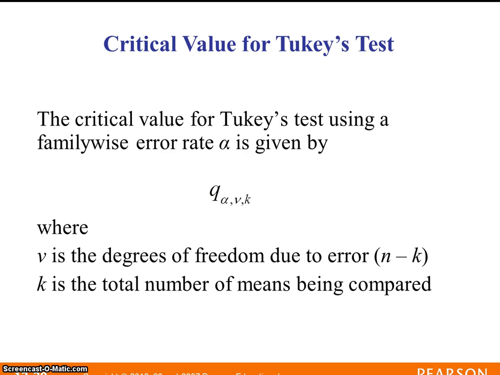The critical value for Tukey's test using a family-wise error rate alpha is given by this, where V is the degrees of freedom due to error, in other words N minus K, and K is the total number of means being compared.